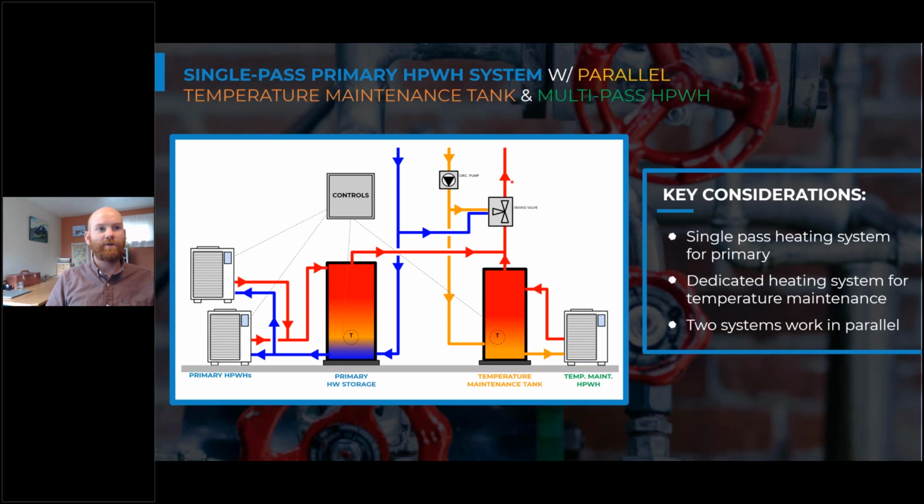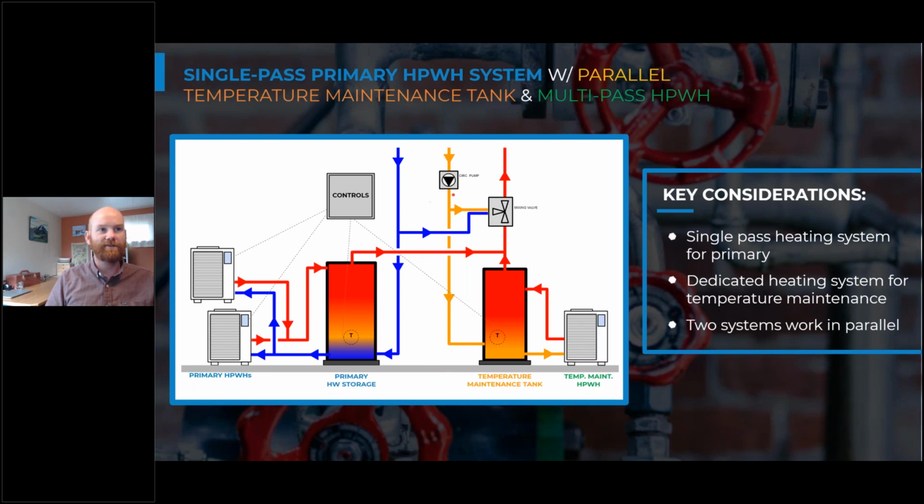Then as people use water in their apartments at their fixtures, hot water is drawn out of that storage tank and feeds to the hot side of the mixing valve and goes out after being tempered with cold water and the return circulation water. And we have a dedicated system, so we can draw essentially a line down the middle of our page, and the temperature maintenance system's on half and the primaries on the other half.